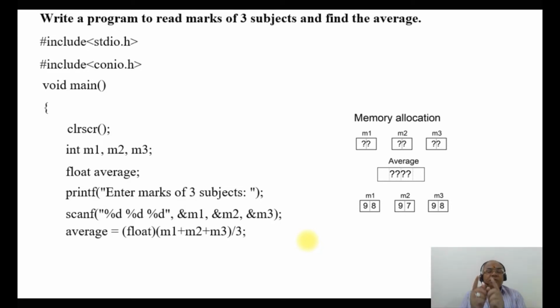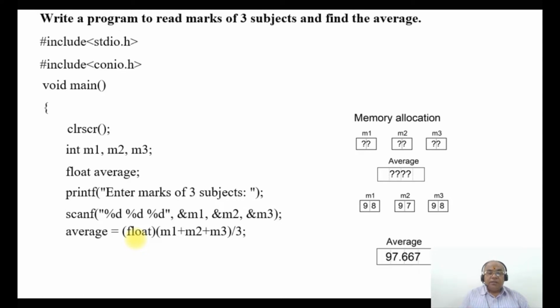So now we need to do the explicit conversion. What is that explicit conversion? We convert the integer marks M1, M2, M3 into float. That is the reason we use float, then M1 plus M2 plus M3, forcibly converting the values of M1, M2, M3 to float.